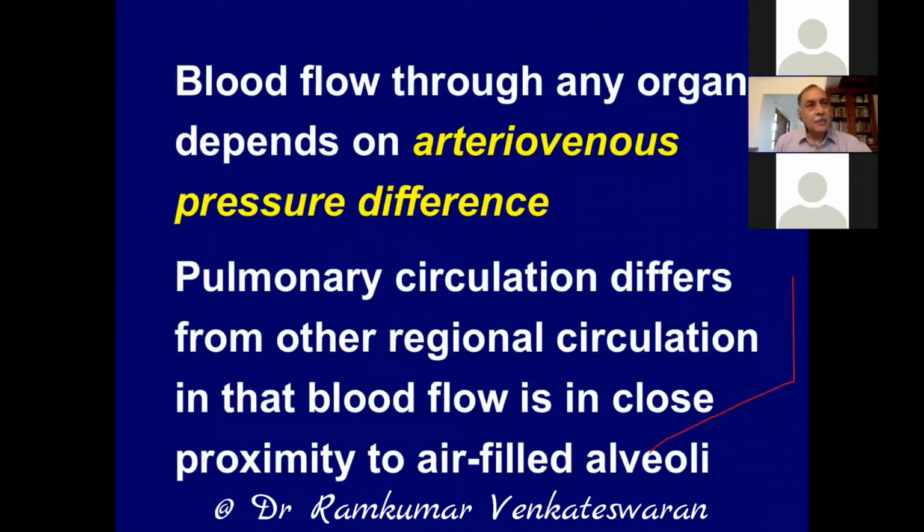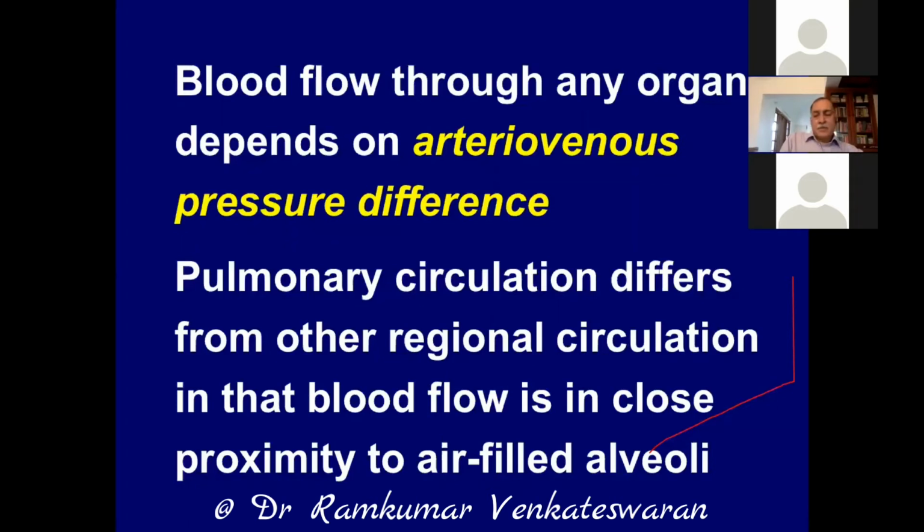The higher the bottle is on the IV stand, the higher is the arterial perfusion pressure, and the lower the venous point, that is the point of entry of the IV fluid into the body, the greater is the perfusion pressure. So what do we do when a fluid doesn't flow? We raise the fluid bottle. We increase the hydrostatic pressure. We increase the arterial pressure, so to say, so that more blood flows through these systems.